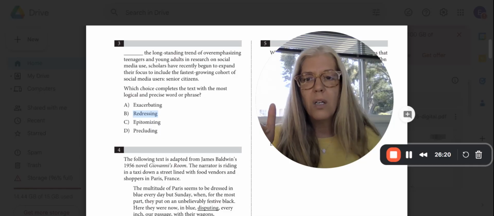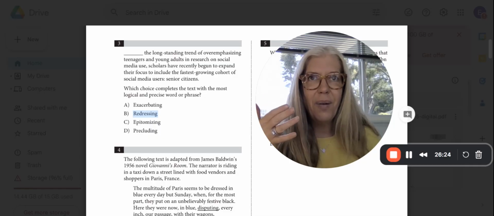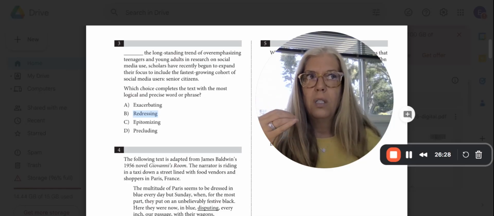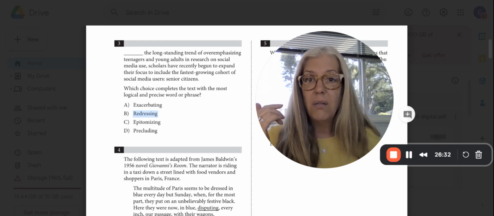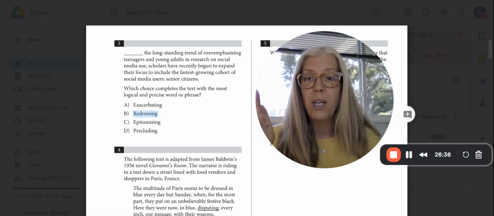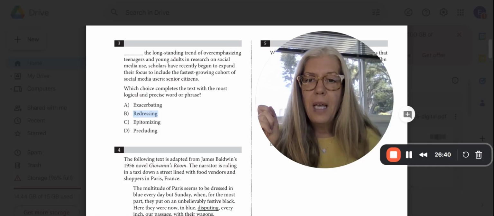When I say redressing out loud, I kind of hear readdressing, that idea of going back to, and that is exactly what I was looking for. Have recently begun, rewinding, redressing. Let's keep that one. I like that one.